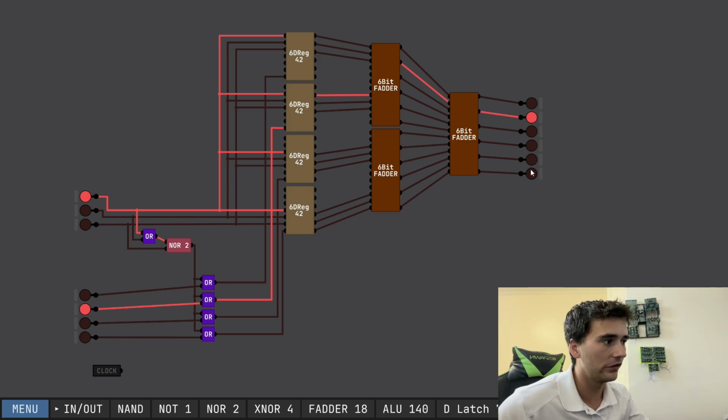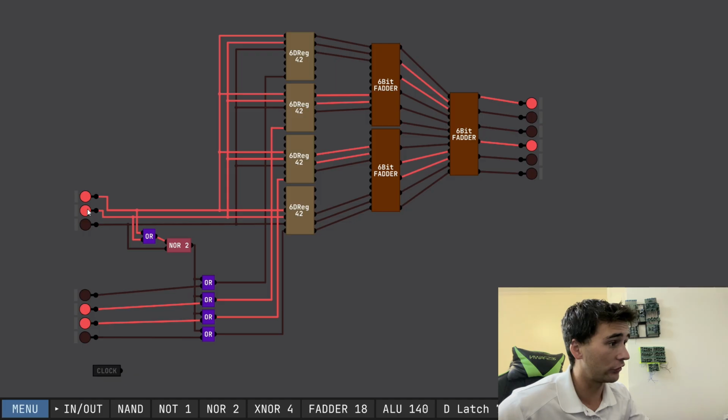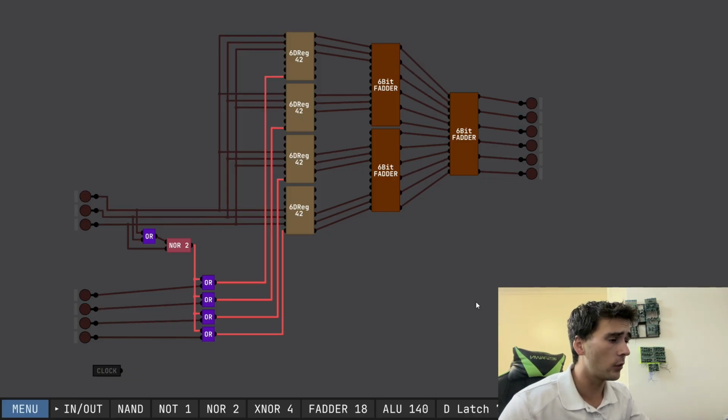You know, we have the 1s, 2s, 4s, 8, 16. Easy. We can do 6 times 6, which is 36. So we have the 1s, 2s, 4s, 8s, 16, 32. So 32 plus 4 is 36. And it works very well actually, and I'm very proud of this little circuit right here.